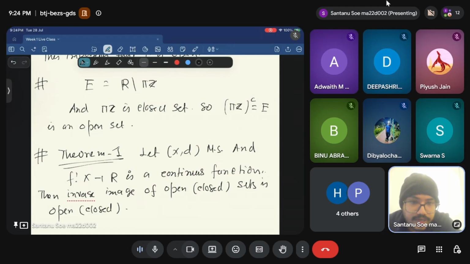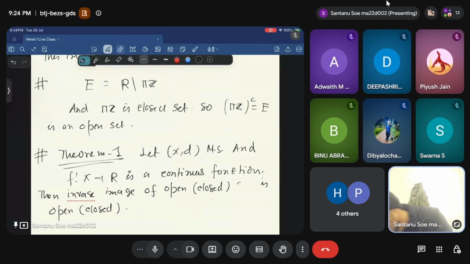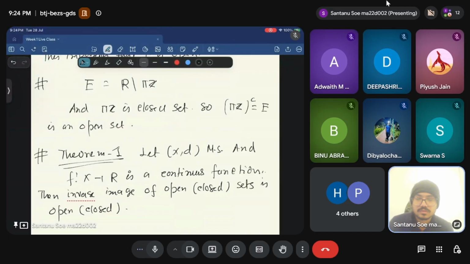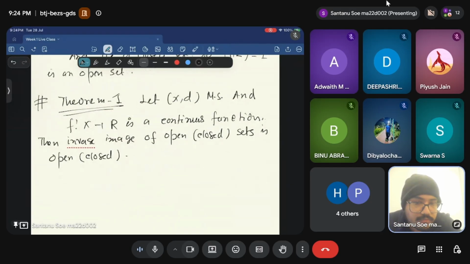So if you take the inverse image of an open set, it will be open, and if you take the inverse image of a closed set, it will also be closed. If you just apply this theorem, it will take just 10 seconds to prove that the set is open, correct? You just have to find out what X is and what f is, and you are done.